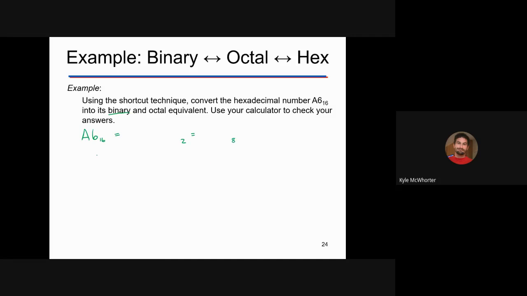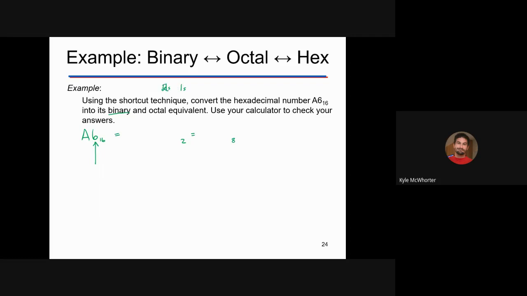Okay, so the shortcut says this is base 16. So I need to write 6 as a 4-digit binary number. If you remember binary, it's the 1's place, then the 2's place second.